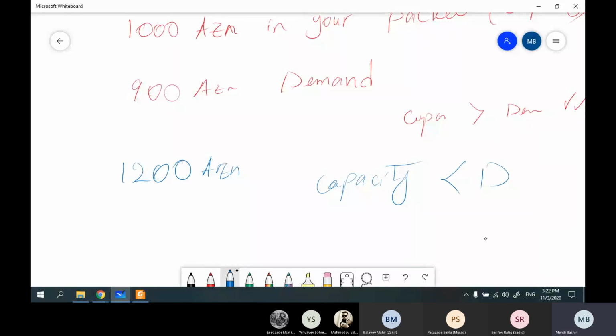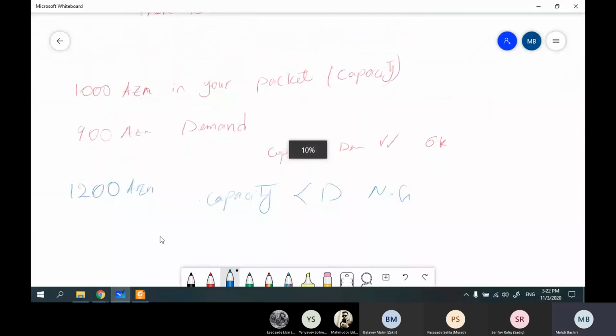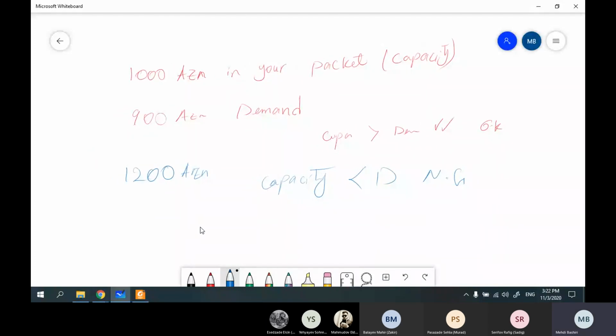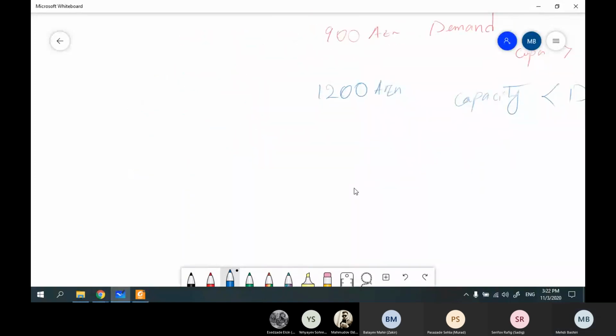And this is what? Not good. This is the exact concept behind the design. So what is your capacity here? Again, I'm going to explain again. The capacity here, for example, this is your column.